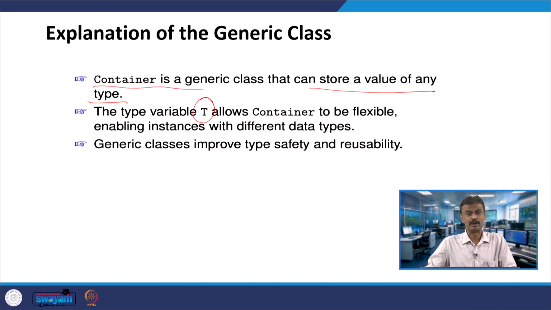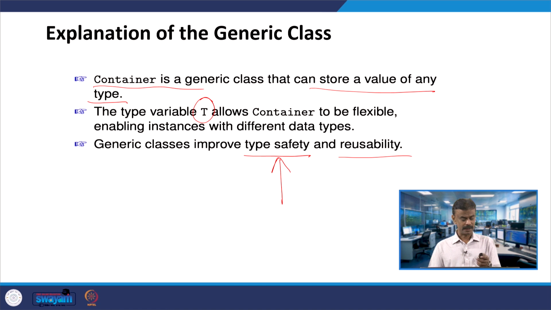That means it can use different data types. Generic classes can improve type safety, because you are using various types. For example, in the last few cases we have seen an integer type and a string type, like C++ and Java. So, you have type safety and reusability.